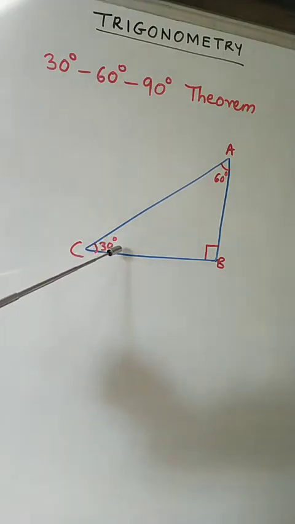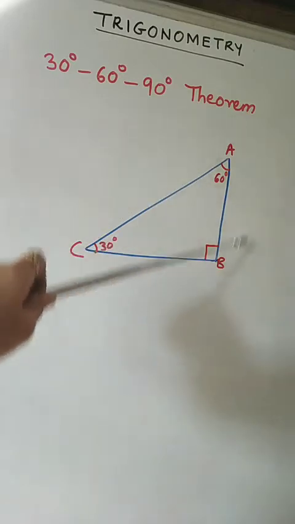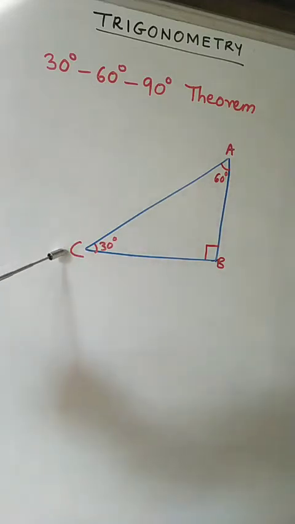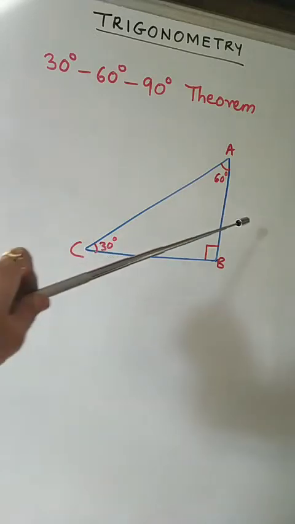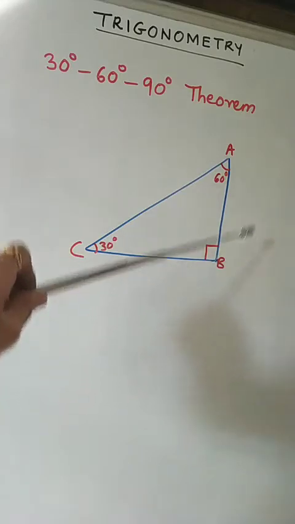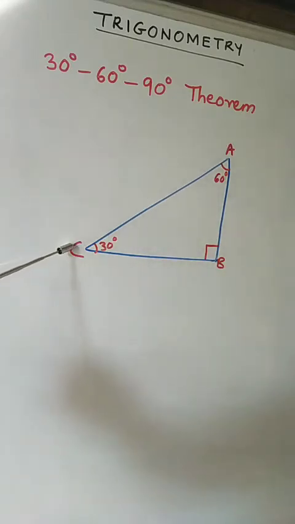So side opposite to 30 degrees, that is AB, is always half of the hypotenuse. I mentioned this theorem. I repeat, side opposite to 30 degrees, that is AB in this triangle, is half of the hypotenuse AC.